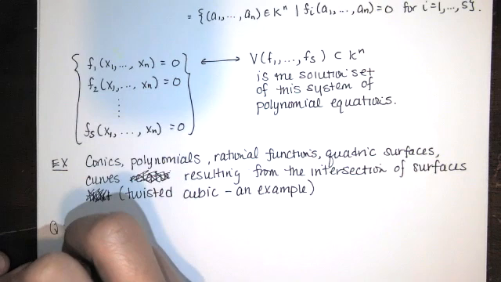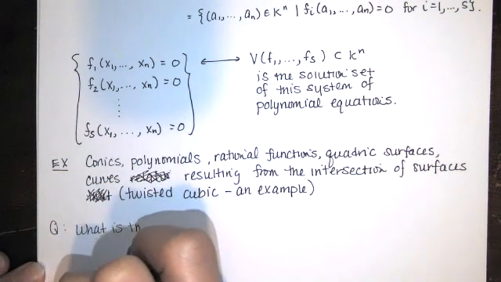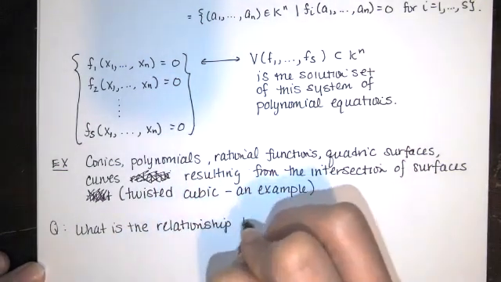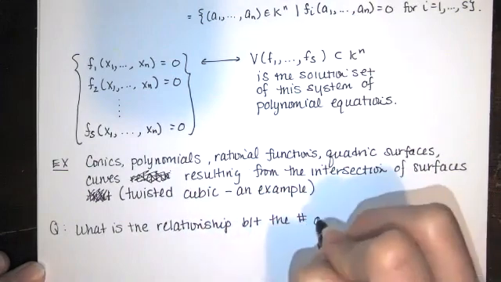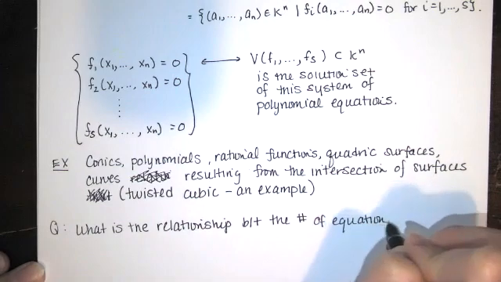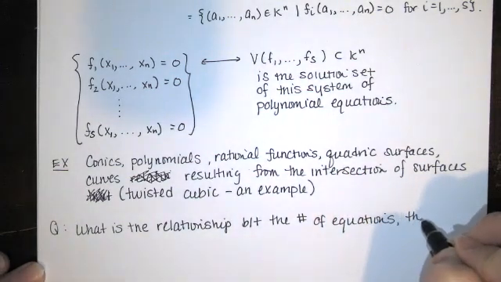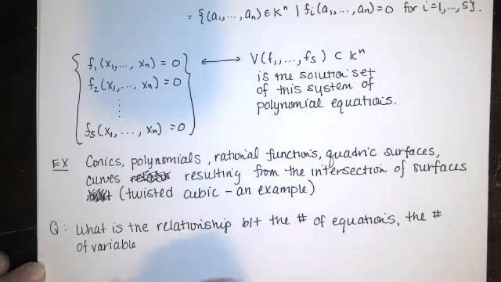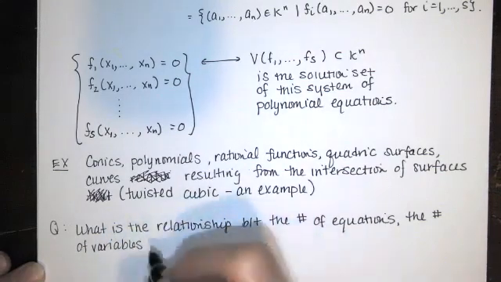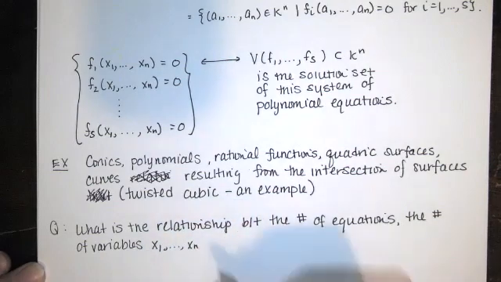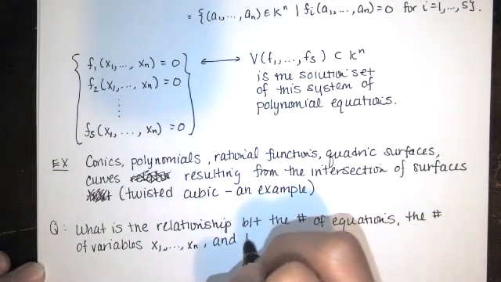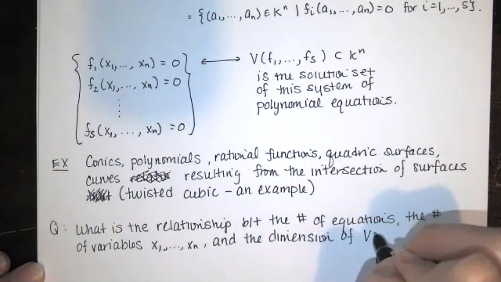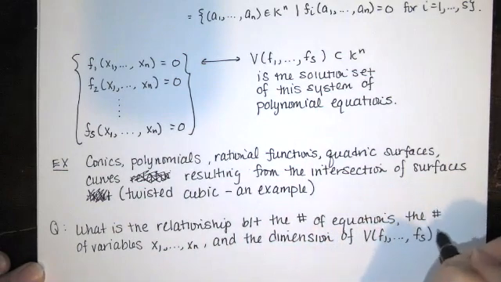We might ask ourselves, what's the relationship between the number of equations that we're starting with, the number of variables those equations are dependent upon, so x sub 1 through x sub n, and the dimension of the affine variety, f sub 1 through f sub s.